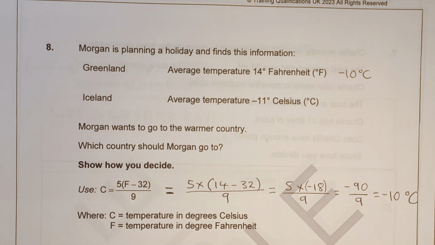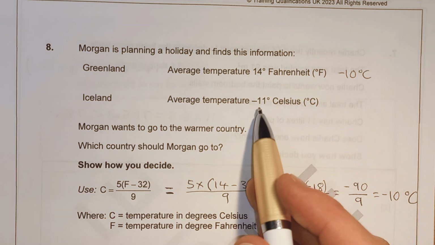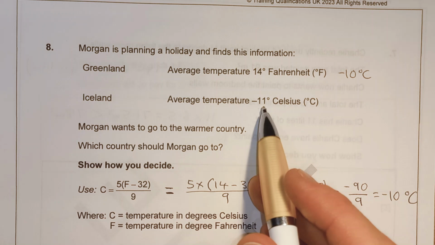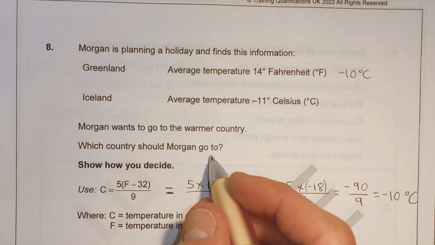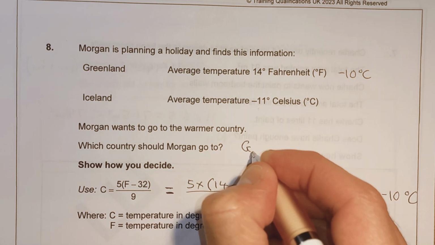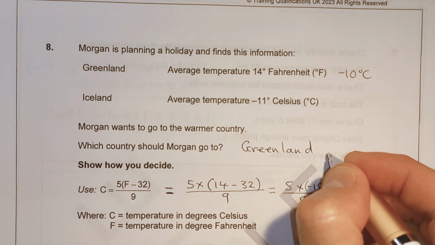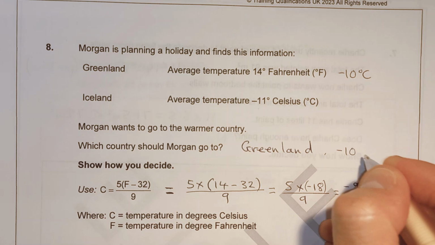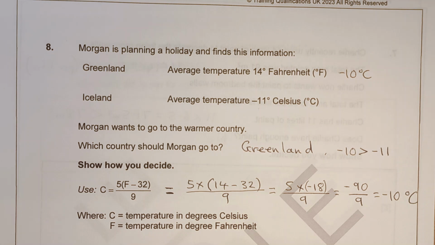We want the warmer country. Well, minus 10 is going to be warmer than minus 11. Not a lot, but it will be a bit. So which country should you go to? Greenland. And we can put minus 10 is greater than minus 11.